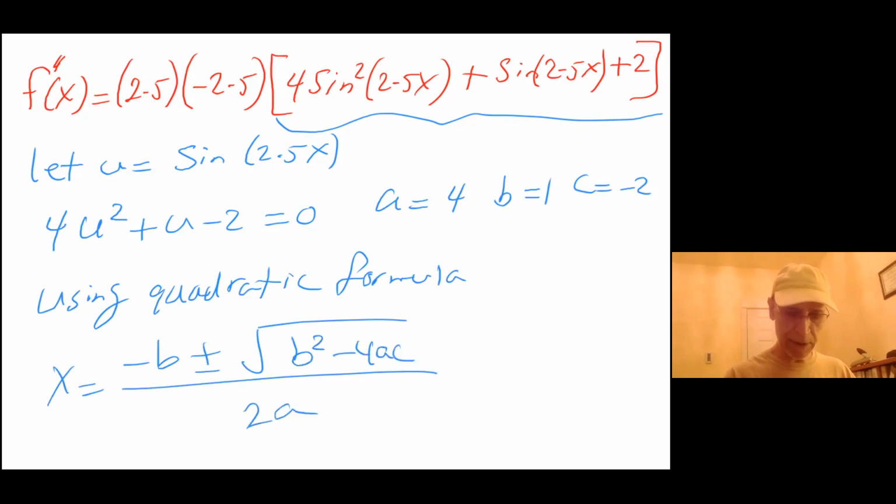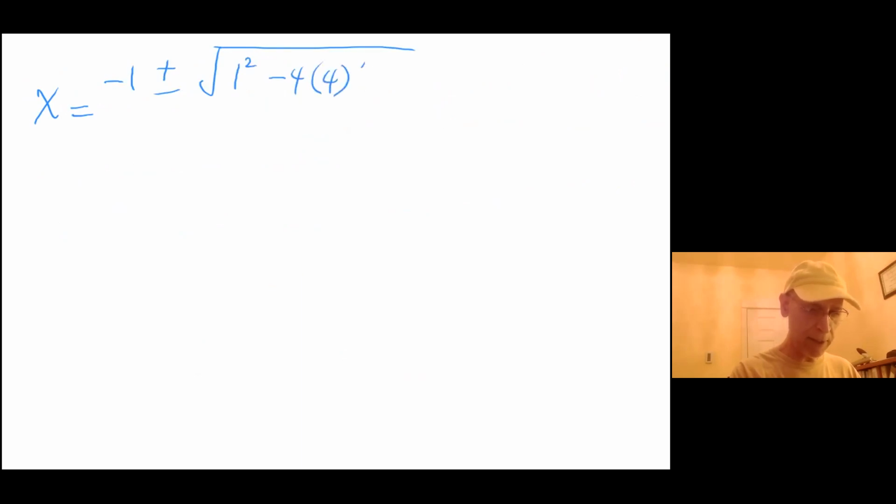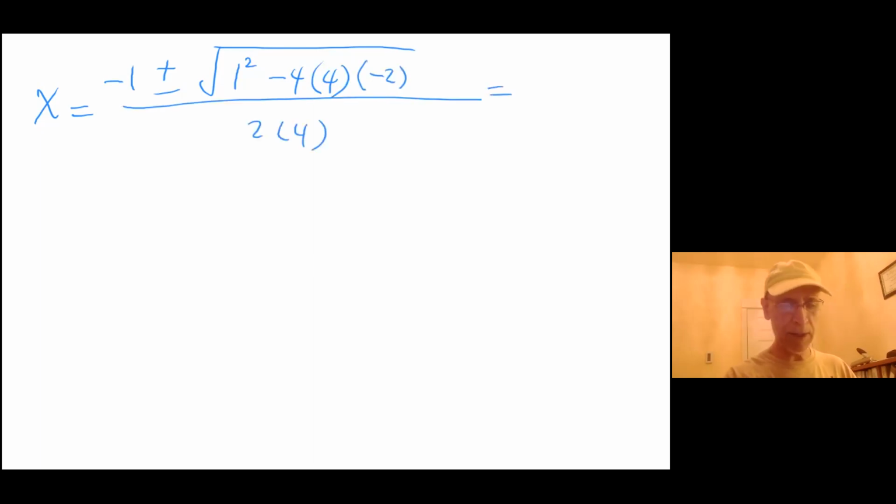Let me go to the next page. So I have x equals opposite of b plus and minus square root of b squared, which is 1 squared, minus 4 times a times c, -2, all over 2 times 4. So the inside of the square root, I have 32, 33, minus 1 plus and minus square root of 33 over 8.